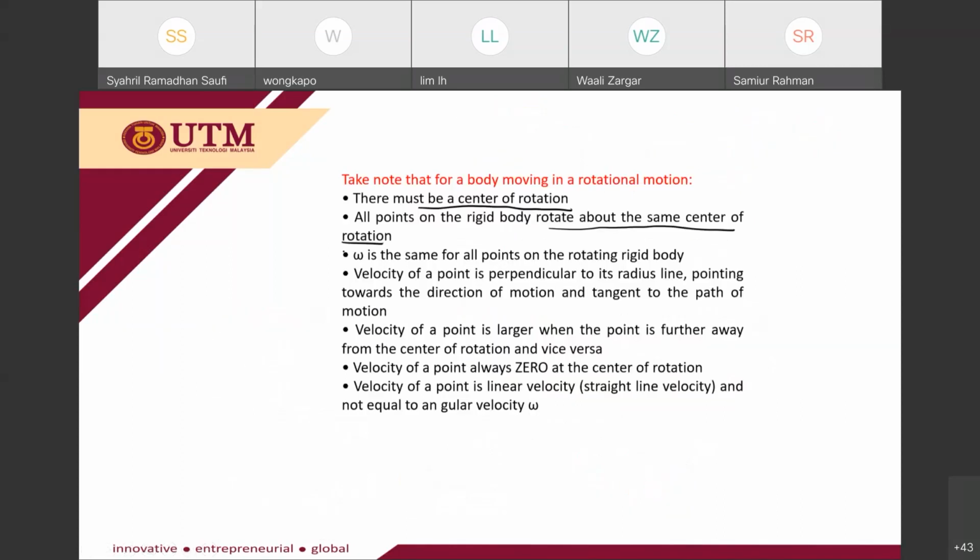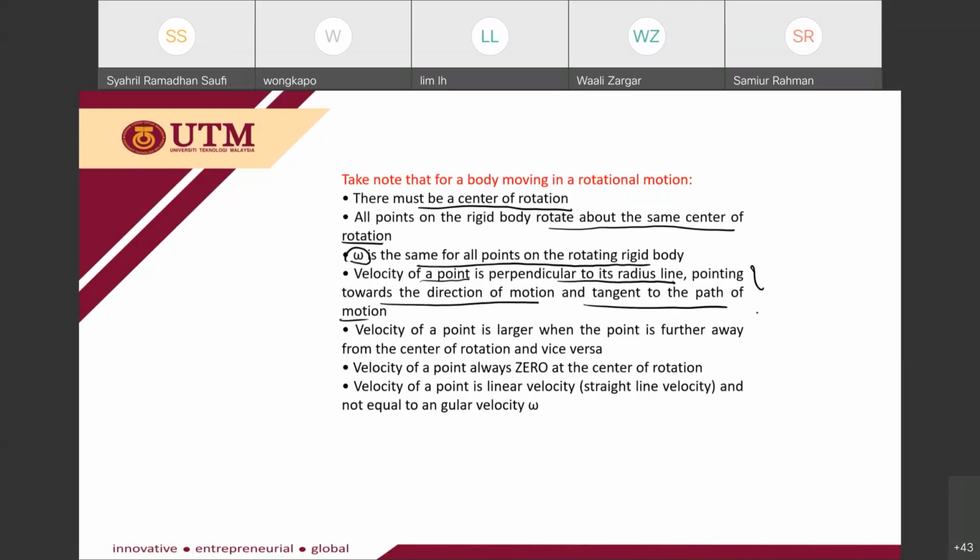So omega, the angular velocity, is the same for all points on the rotating rigid body. It means that for the whole rigid body, you will have only one angular velocity. The velocity of a point is perpendicular to its radius line, pointing toward the direction of motion and tangent to the path of motion.